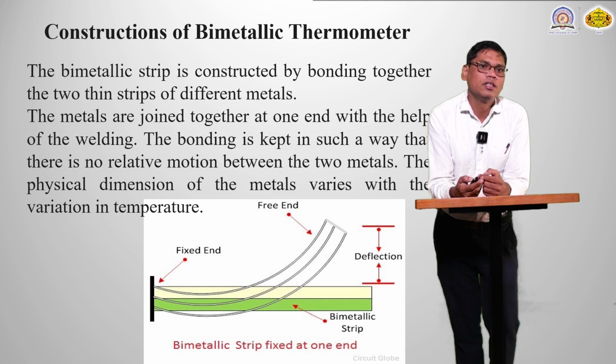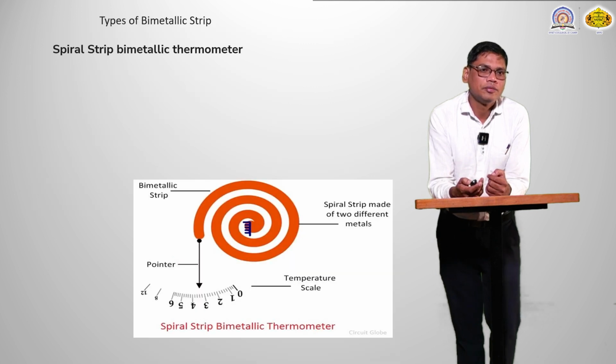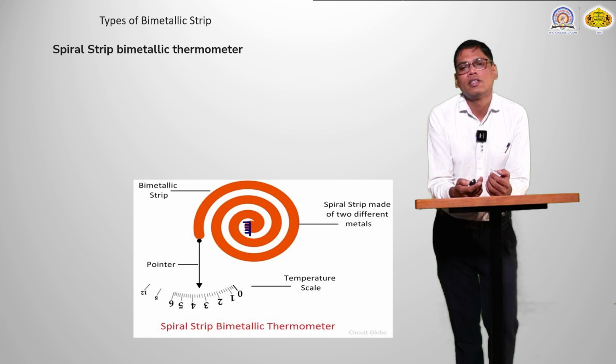They are connected, and the metals are joined together at one end with the help of welding, and the bonding is kept in such a way that there is no relative motion between the two metals, and the physical dimension of the metals varies with the variation of temperature. So as the temperature changes, the strip gets bent in one direction.